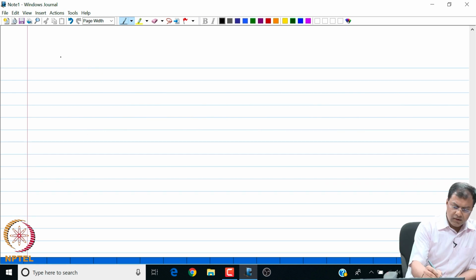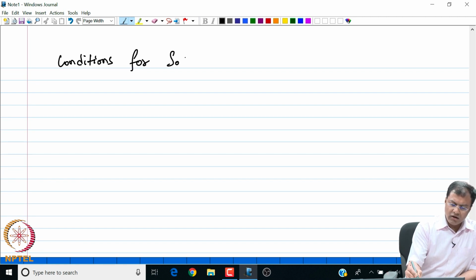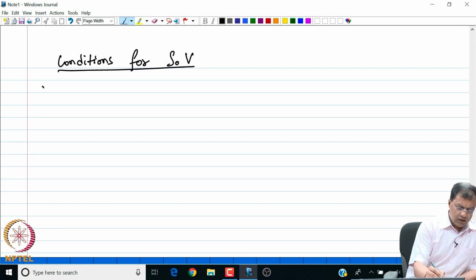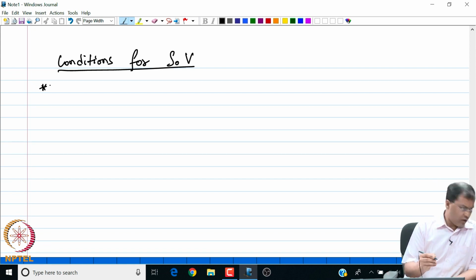Now I am going to state some conditions under which the reduced Hamilton-Jacobi equation can be variable separated. I am going to state some results in the form of theorems without proof.